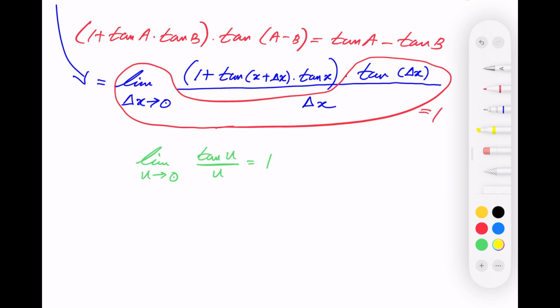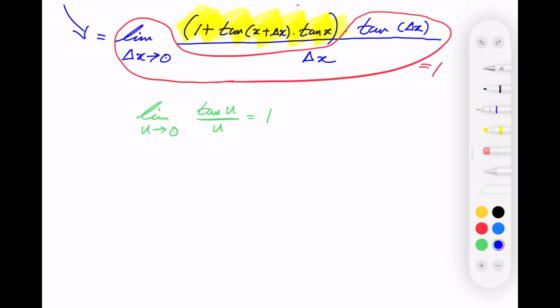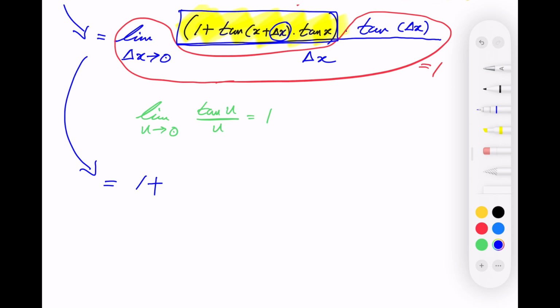Then I can do the direct substitution of delta x equals 0 for the remaining component of that function. When I put delta x equals 0, this part, which is the only remaining part of that limit problem, is going to be equal to 1 plus, since delta x is 0, the first tangent x plus delta x term becomes tangent x. The next term is also tangent x.